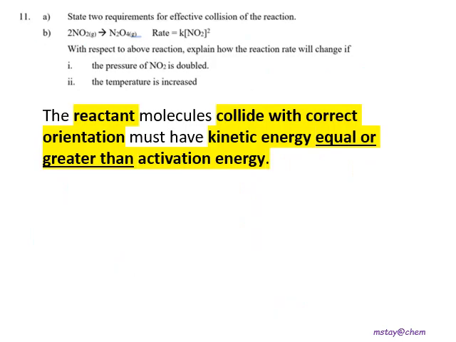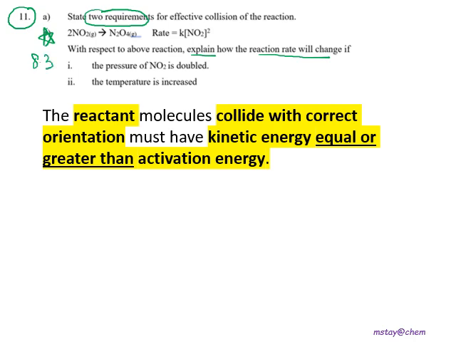The last tutorial question that we will discuss in this video is question 11a. State the two requirements for the effective collision. While B, with respect to the above, explain how the reaction rate will change. Question B will be discussed in video 8.3.